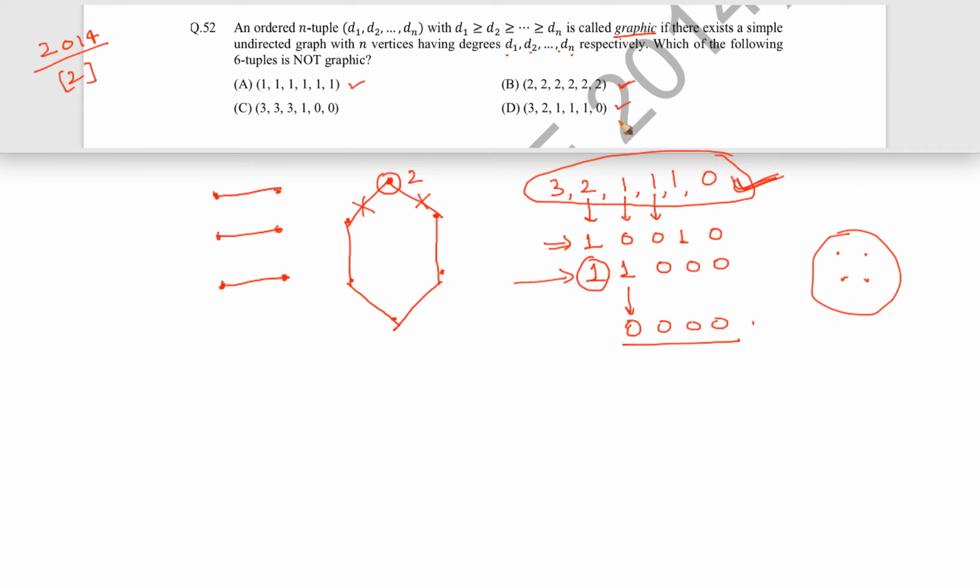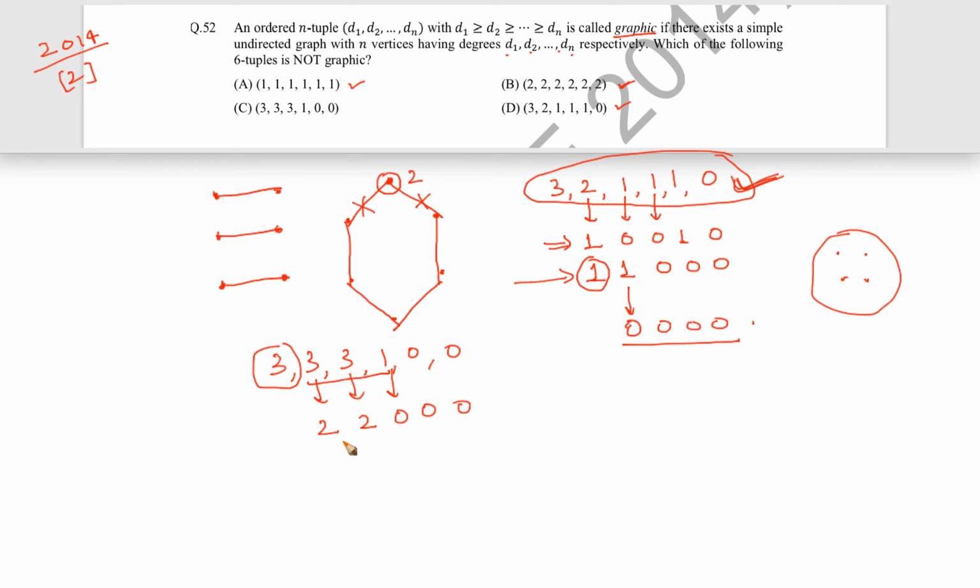The only option left is C, and therefore there should not exist any undirected graph with 6 vertices having this degree sequence, and we can verify that using the Havel-Hakimi theorem also. Let's say 3, 3, 3, 1, 0 and 0, and the first number is 3. So from the next 3 vertices we are going to decrease 1 each, and we get 3 minus 1 is 2, 3 minus 1 is 2, 1 minus 1 is 0, then 0, 0, and this is already in decreasing order.